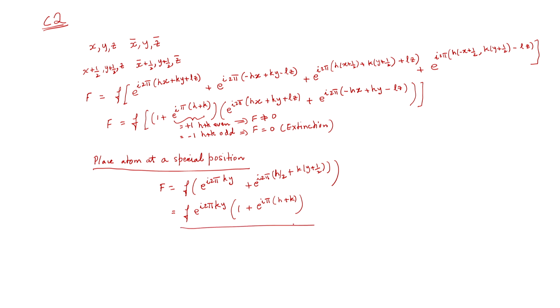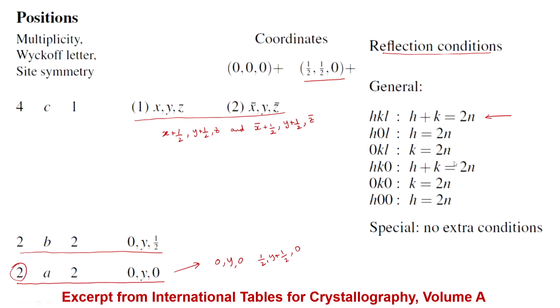If you look at this condition and compare it with what I have here, this gives me the same result as above. Because if I place an atom in the special position, it simply says no extra conditions are there. Otherwise, in many cases, there are going to be extra conditions on top of the general conditions.